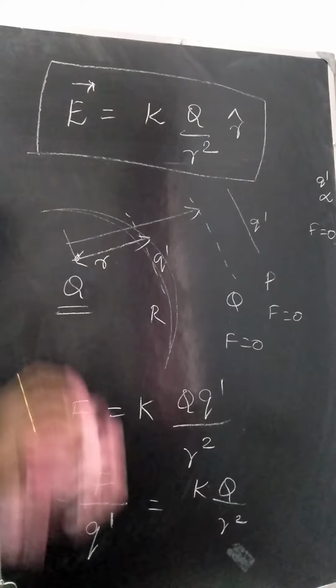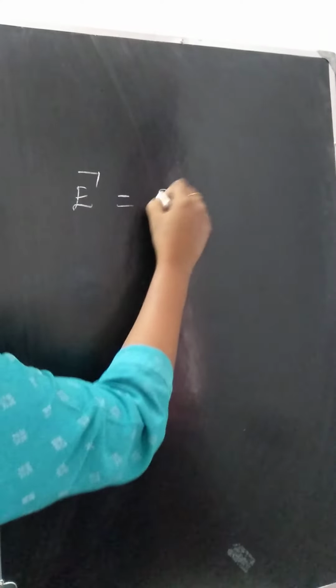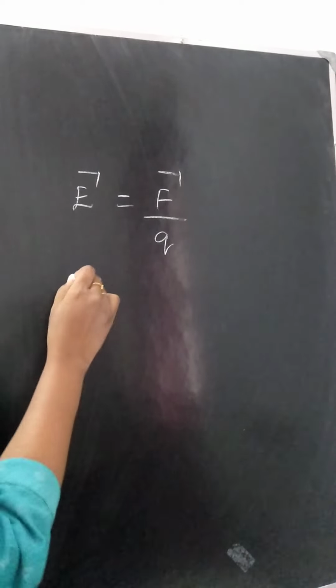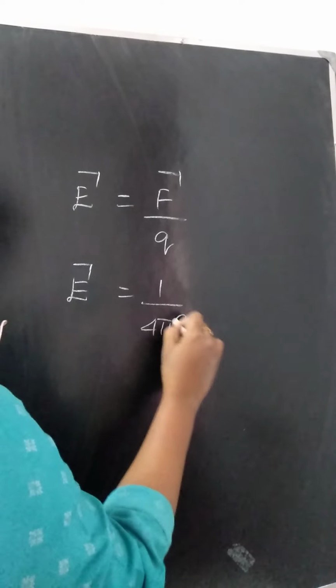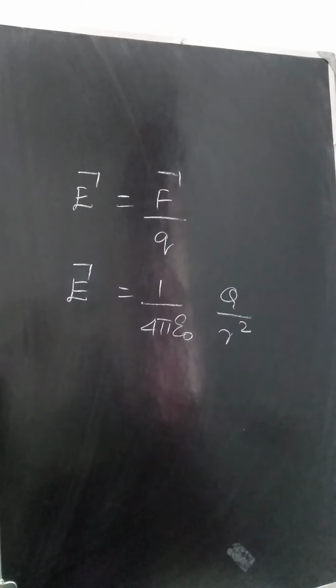So how to define the electric field? This electric field can be given in two values. Just remember this one throughout. E vector is equivalent to F vector divided by Q, or the E vector is equivalent to 1 by 4 pi epsilon naught capital Q divided by r square.